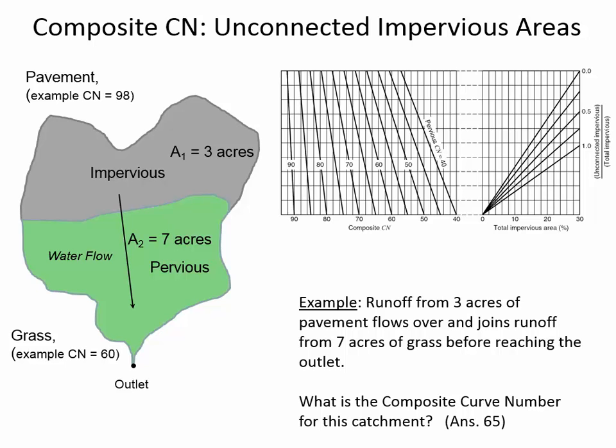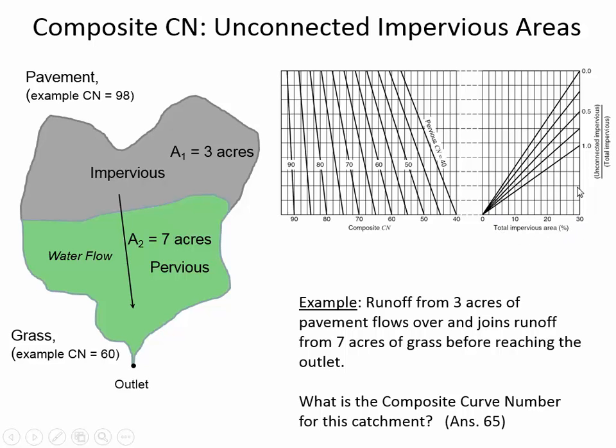And so we're going to go on the figure, and we want to intersect the 30% impervious area with a 1.0 curve. So starting off with this, see where it says 1.0 here, using the ratio of unconnected impervious to total impervious. So this curve is the one that governs our example, and we need to find here the intersect of total impervious area.